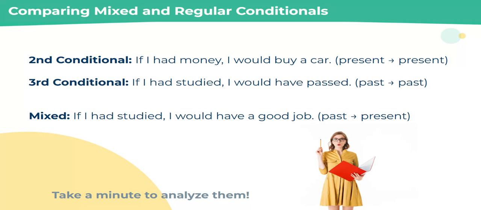This is past to past context. However, a mixed is different. It uses either past to present or present to past context. If I had studied, I would have a good job. So there's a slight difference between regular conditionals and mixed conditionals.